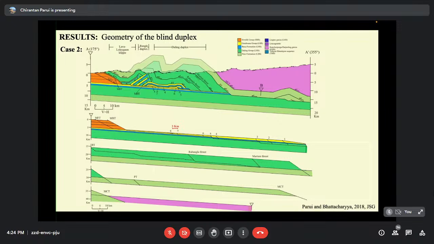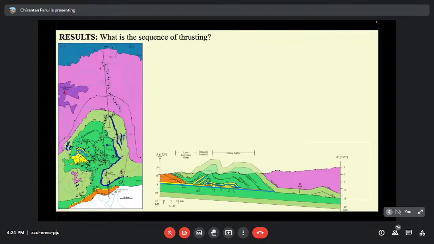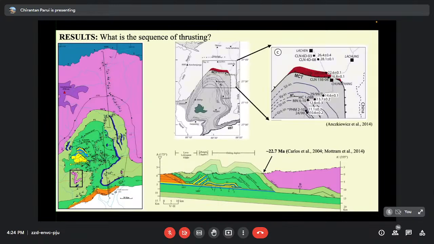To prove that, I first constrained the sequence of thrusting. Based on the retrograde monazite ages, we constrained the earliest activity on the MCT to be around this time period.